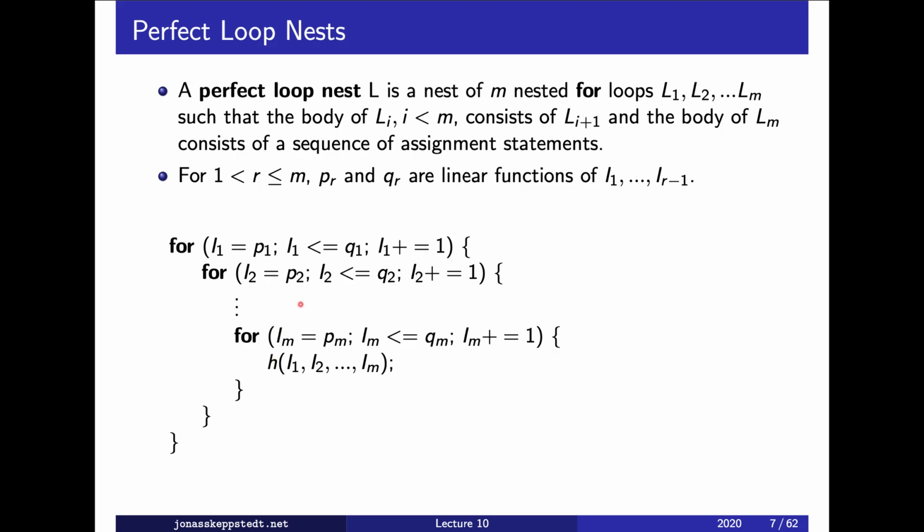And also the loop bounds, lower and upper bounds, are linear functions of the outer loop index variables, and clearly for the outermost loop only constants. Here, in this example, P2 can be a constant and a multiple of I1, etc. So we are not allowed to have an if statement, for instance, and we are not allowed to have assignment statements except at the innermost.